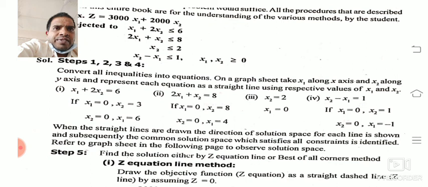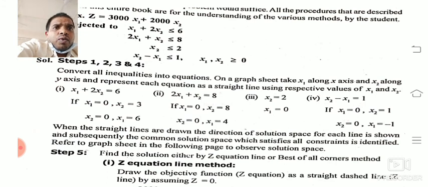Here the less than or equal sign is there. All these constraints say that the feasible solution space is towards the origin. For that, first we follow the first step. We convert all the inequalities into equations, and putting x1 equals 0 we find the x2 value, and putting x2 equals 0 we find the x1 value for all the constraints.